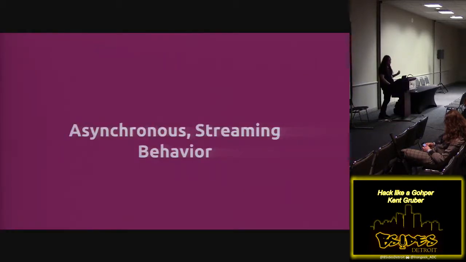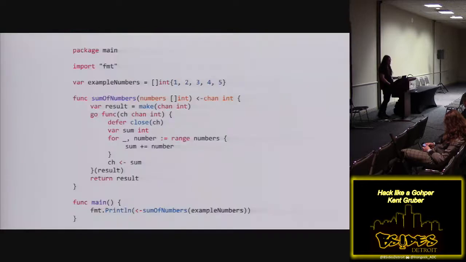And so I got a lot of asynchronous streaming behavior really easily in Go, and here's an arbitrary example. I have the package main, I import fmt, and then I have some example numbers, and I basically want the sum of the numbers. I could do that in an async way where I don't want to wait on the sum of numbers.